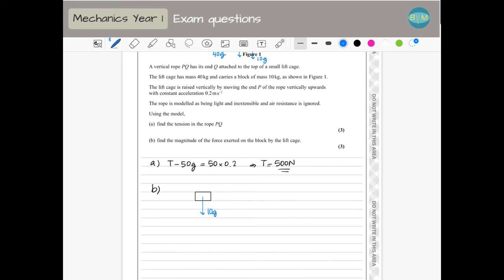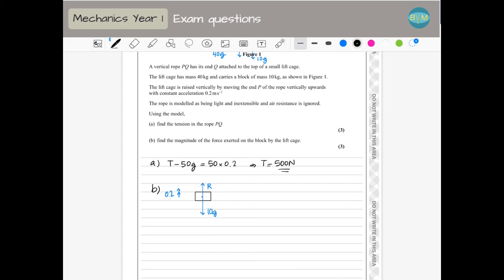And they are asking us the normal reaction from the cage on the block, so I'm going to call it R. I know you tend to say the normal reaction is the weight, but it's not the case when things are accelerating. So I have an acceleration here. That's what changed my numbers.